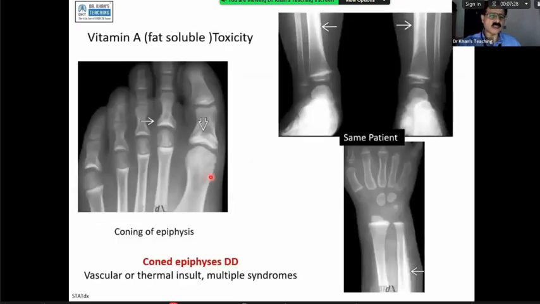Look at this epiphysis here. You see this? Look at the shape. It is as if it's a volcano, and this is known as coning of the epiphysis, very unique, which can happen in hypervitaminosis A. And there is increased bone density in these various examples.